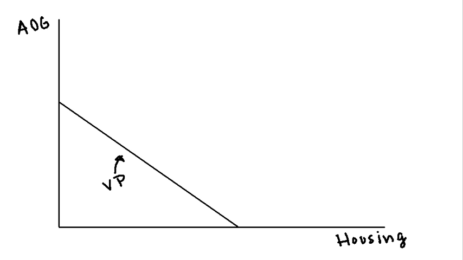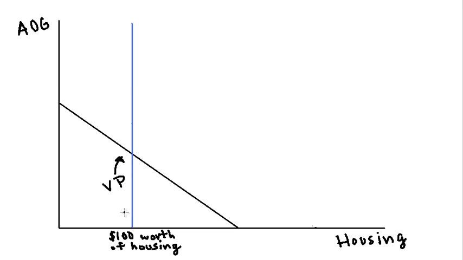Next, I consider how the budget line changes when I add in the $100 housing voucher. So here I have $100 worth of housing. Think about what a budget line really represents. Everything under a budget line, as we've usually seen it, is a set of attainable choices.